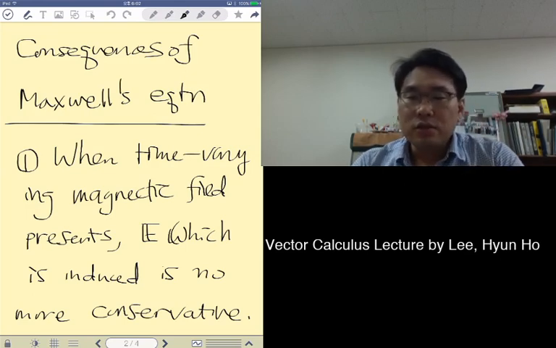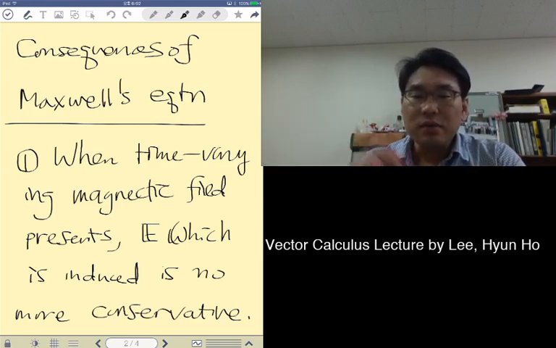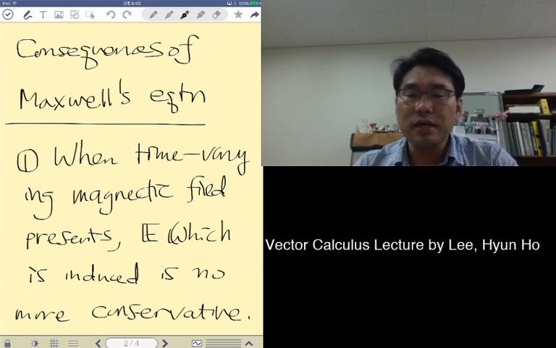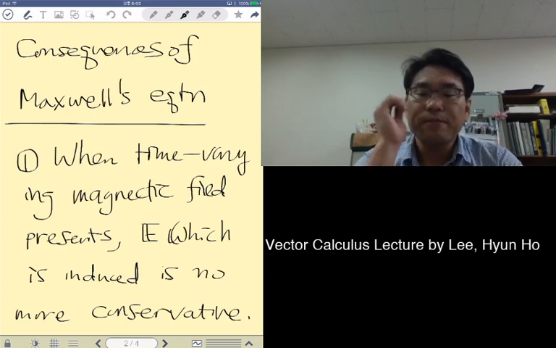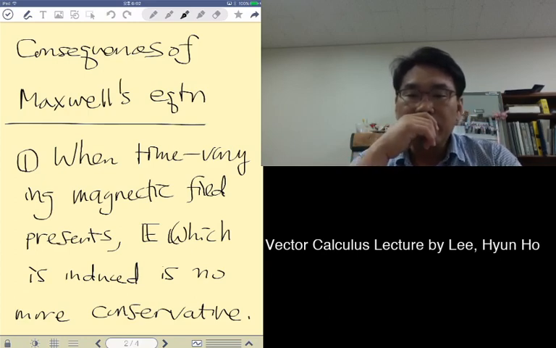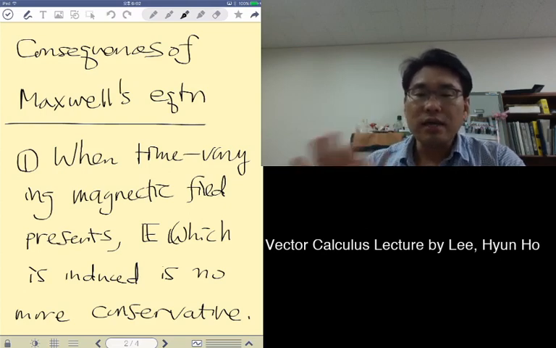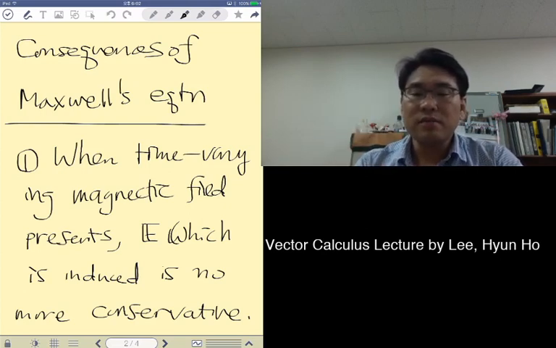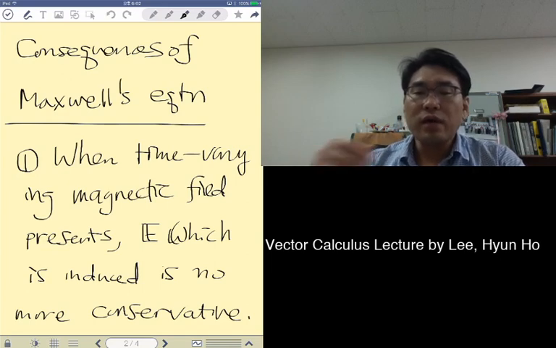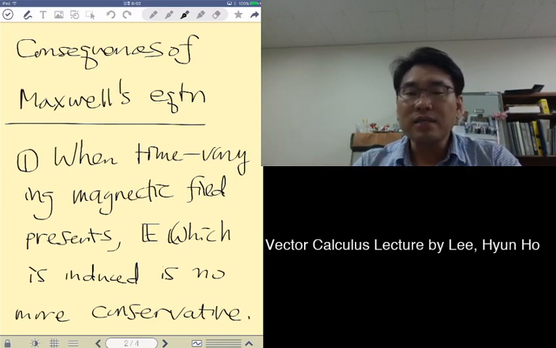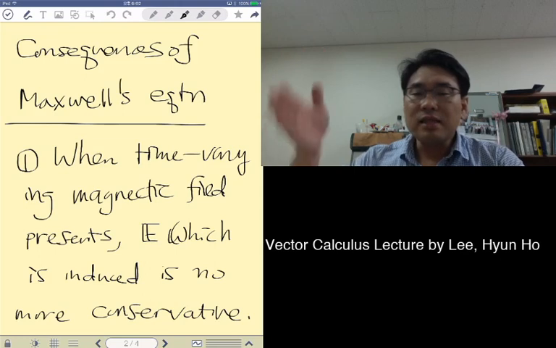Okay, so conservative means there are several equivalent conditions to check whether a given vector field is conservative or not. The first: whenever we have a closed line integral of a conservative vector field, we are able to evaluate that line integral by the scalar potential evaluated at the endpoints, right?